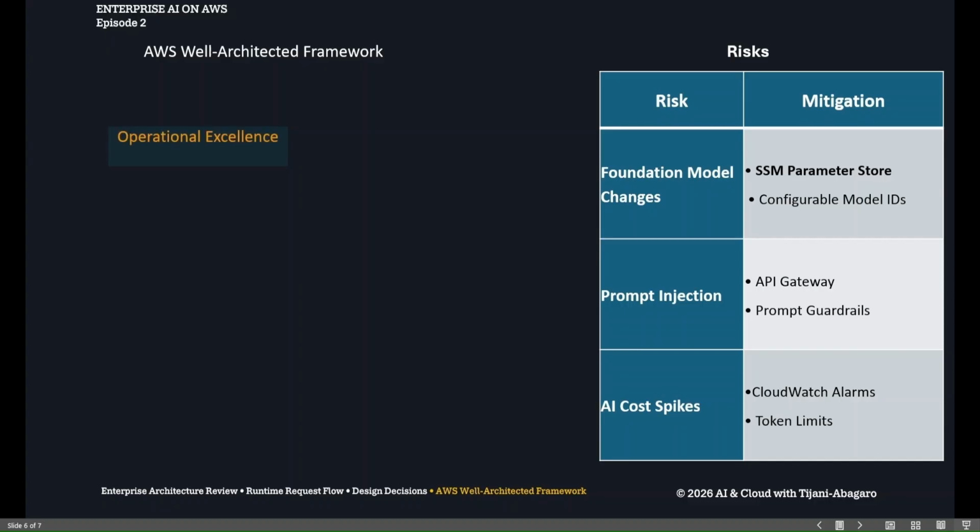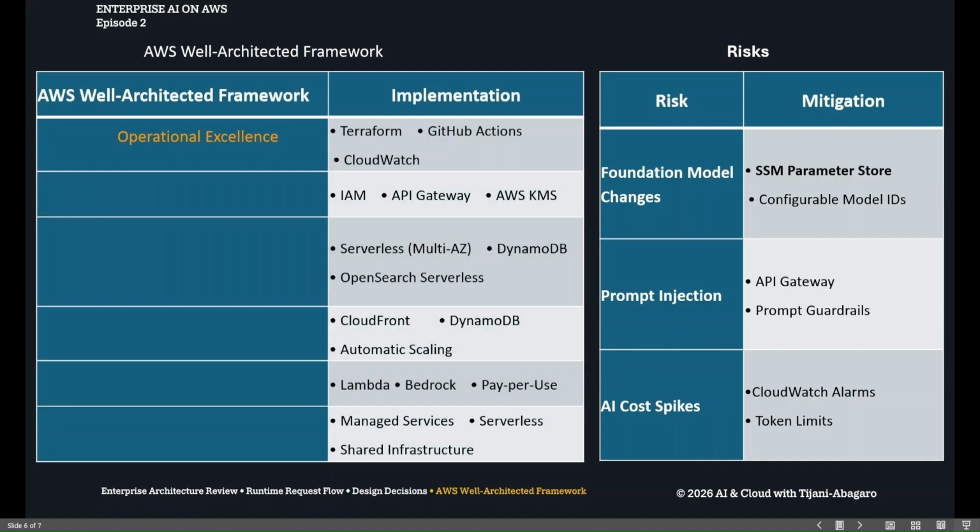Operational excellence is achieved through Terraform for infrastructure as code, GitHub Actions for automated deployments, and CloudWatch for centralized monitoring.